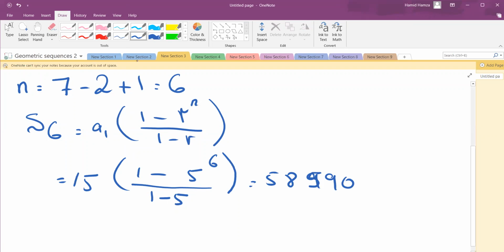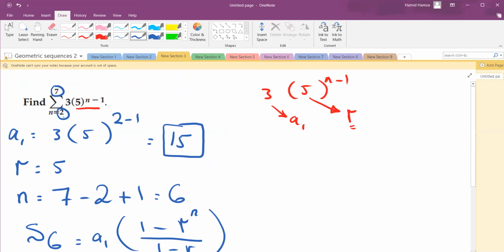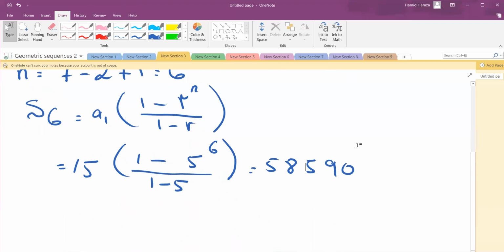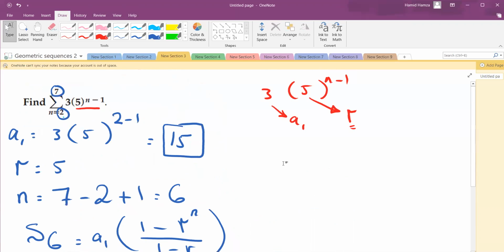Okay, so that's it. This is the sum of the first 6 terms of this sequence. Any question about this part?